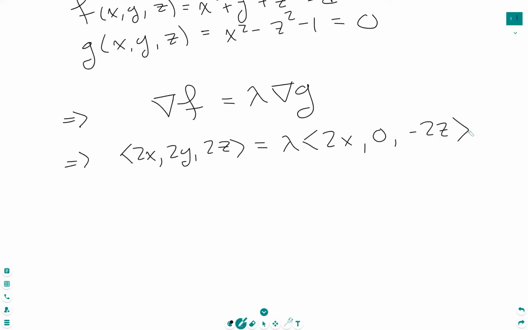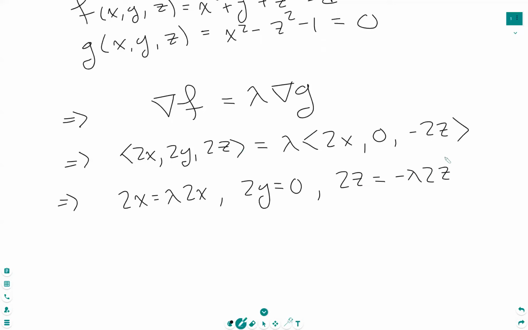Look at this, this is 3 equations, isn't it? The x expressions need to be equal, the y expressions need to be equal, and the z expressions need to be equal. So we can write 3 different things. We have 2x is equal to lambda times 2x. We also have 2y is equal to lambda times 0, which I'll just write as 0 here. And then 2z is equal to negative lambda 2z.